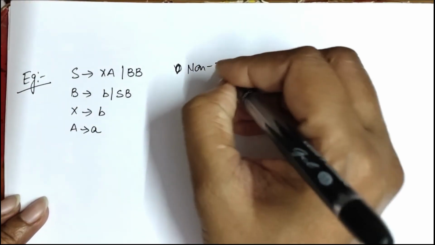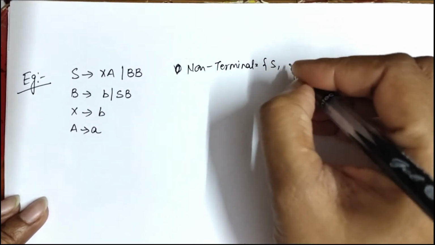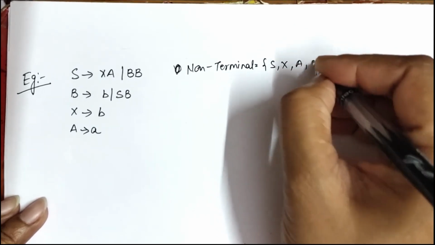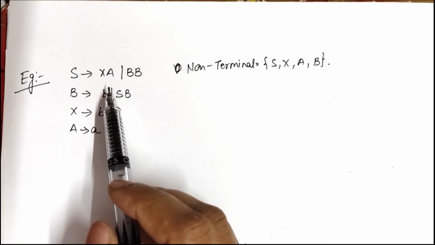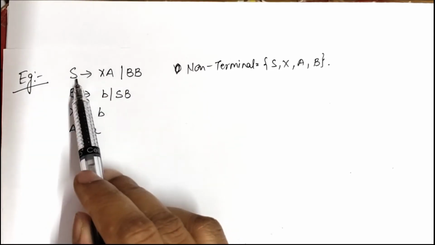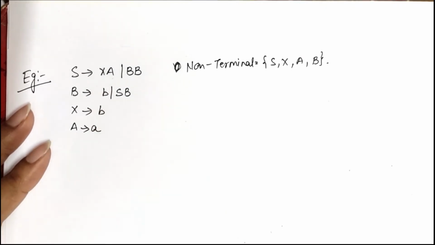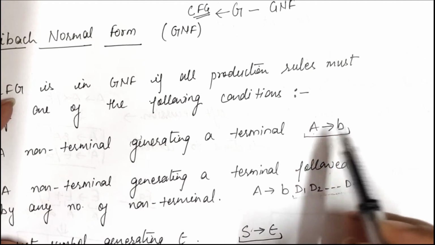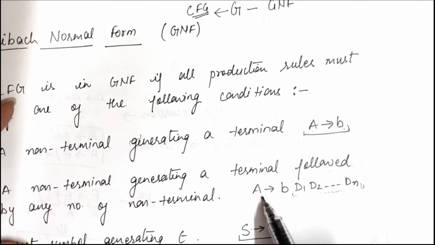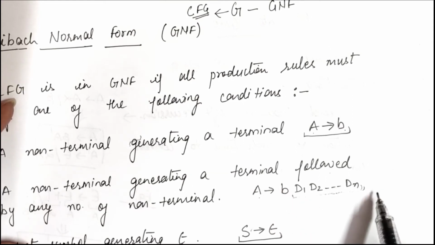So here the non-terminals are S, X, A and B. For a grammar to be in GNF form, no production will contain two consecutive non-terminals. They must be in the form of a non-terminal deriving a terminal, or a non-terminal deriving a terminal followed by a set of non-terminals.